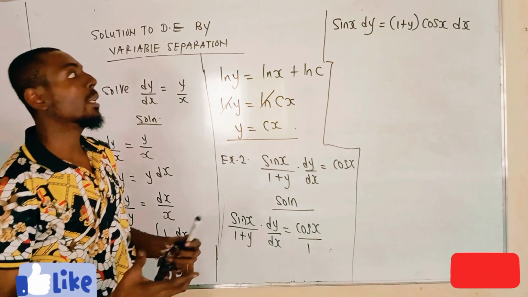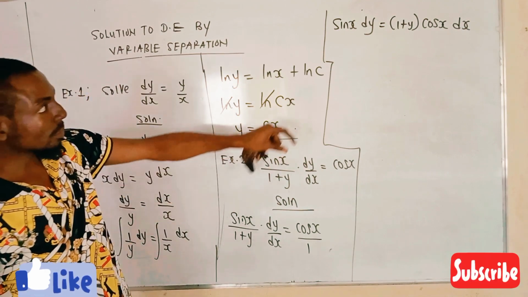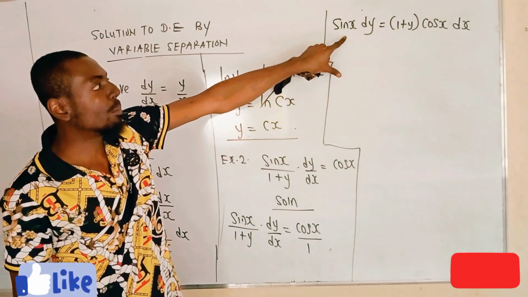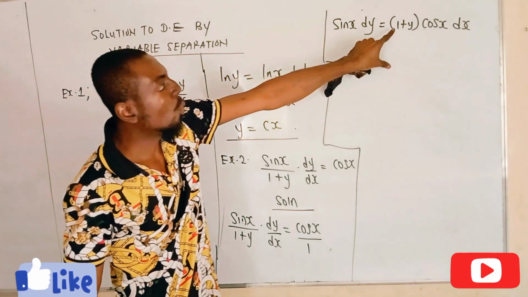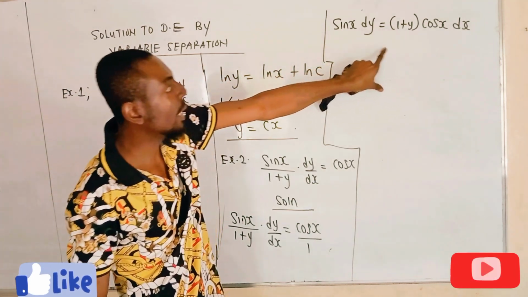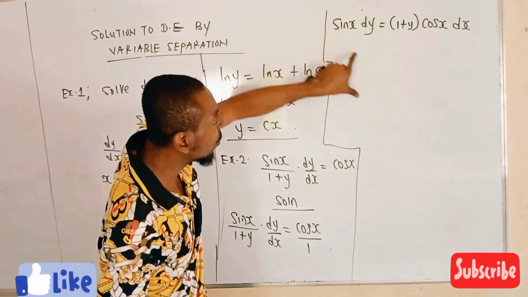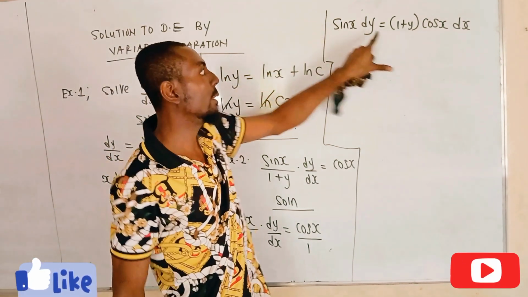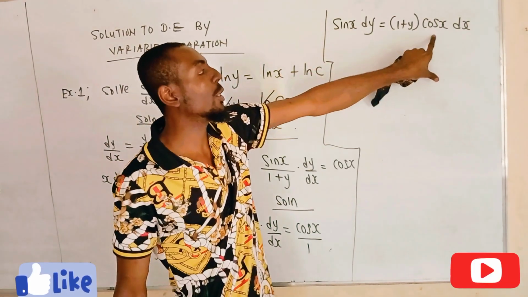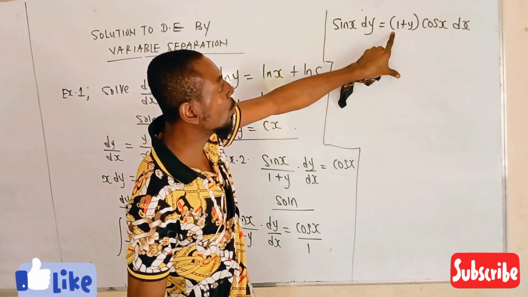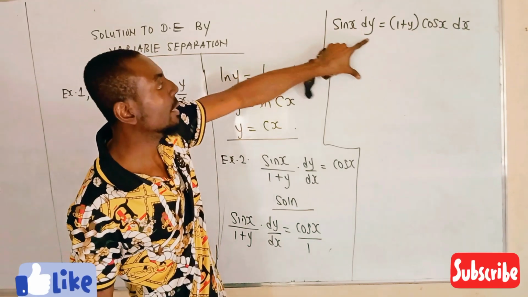Now the next thing to do is to separate the variables. How? 1 plus y in bracket will come down and be the denominator of dy, and sin x will go and be the denominator here.